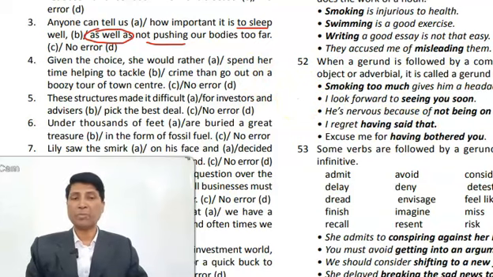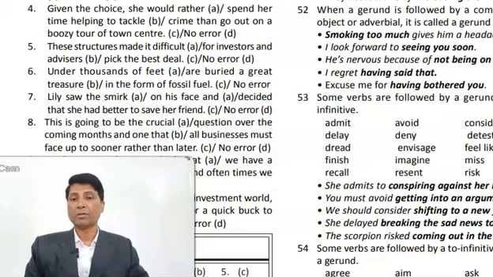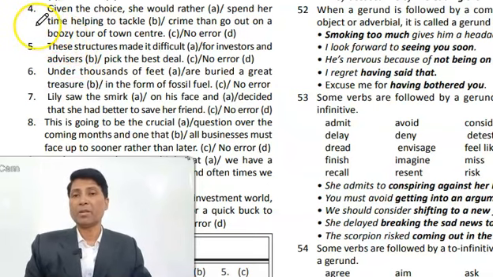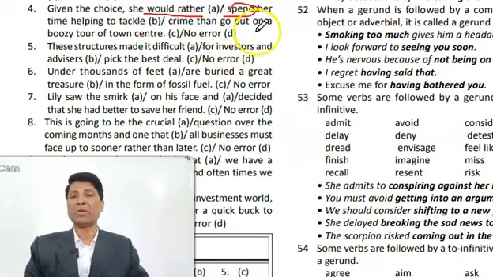Moving on to question number 4. Question number 4 says, given the chance, she would rather spend her time helping to tackle crime than go out on a boozy tour of town center. Let us read this question once again. Given the choice, she would rather spend. So here spend is correct because would rather is followed by bare infinitive.